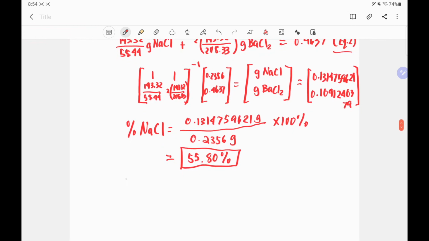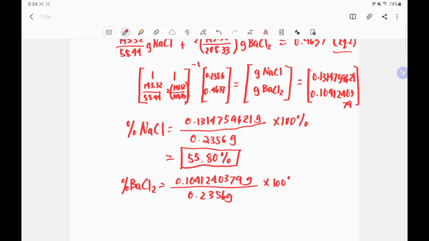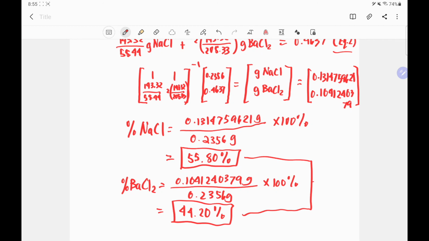And if I do the same for percentage of barium chloride, again 0.1041240379 all over 0.2356 grams times 100%. That's 44.20%. Notice that if we add both of these percentages, it should be equal to 100%. So the mathematics checks out.